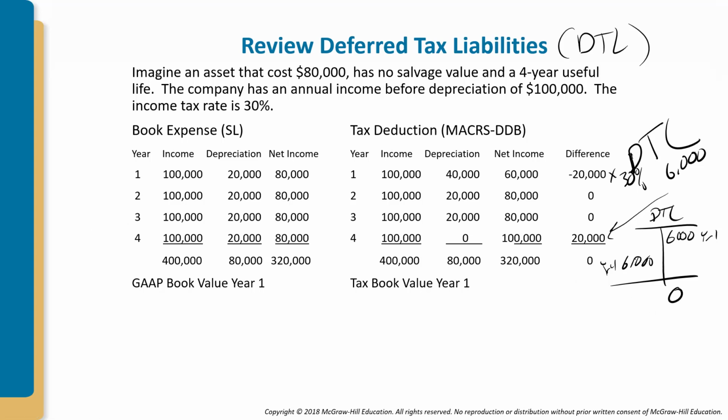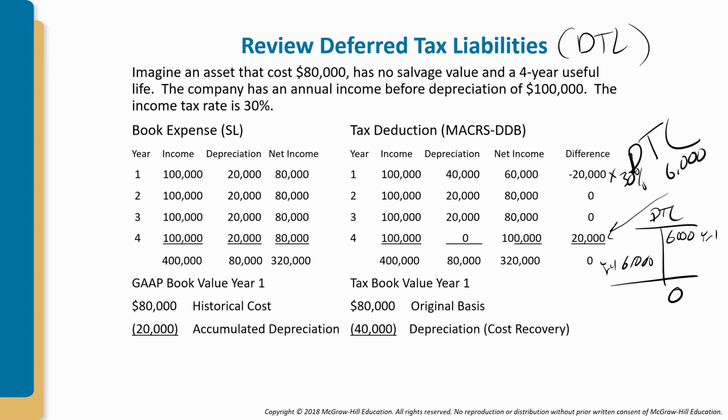And that 1 year, year 1, when we buy the asset, for GAAP, we'd say it has an $80,000 historical cost, and for tax purposes, we would say it has a tax book value of its original basis of $80,000, okay? And then we take our accumulated depreciation, right? And you can see that.